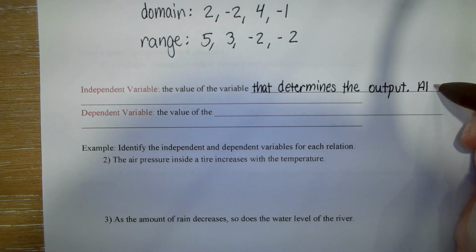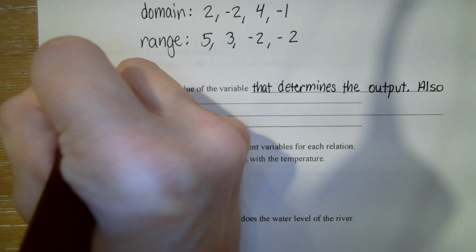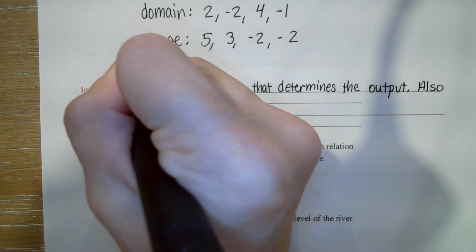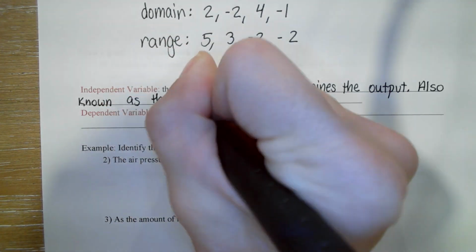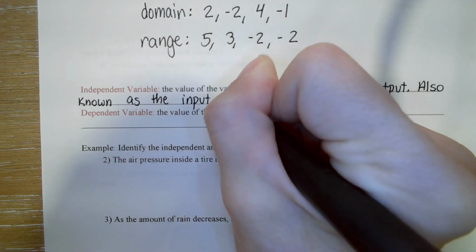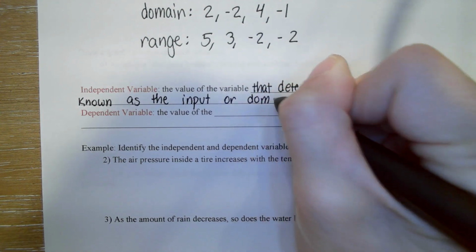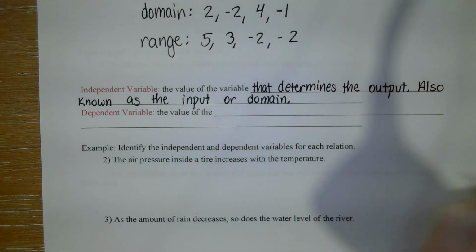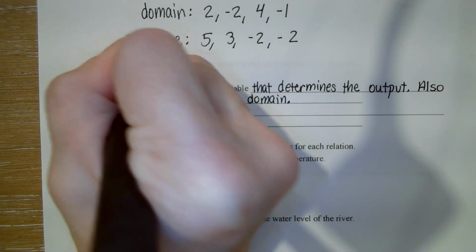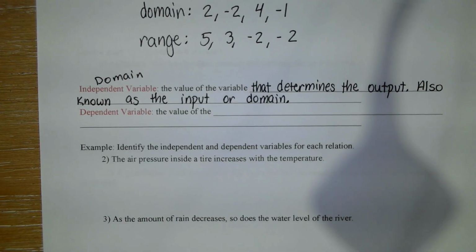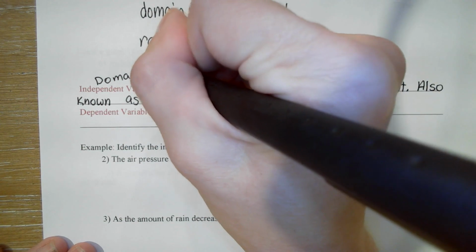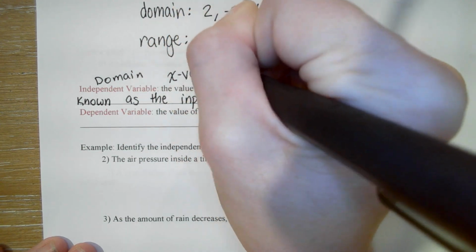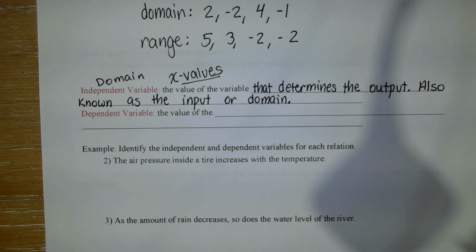It is also known as the input or domain. So independent variables represent the domain. The domain represents the independent variables. That means they are the x values. So the x values are independent. They determine what the output, what the answer is going to be.